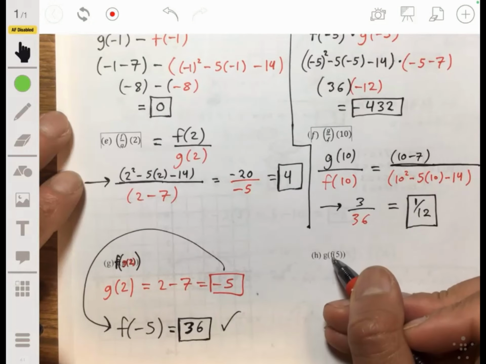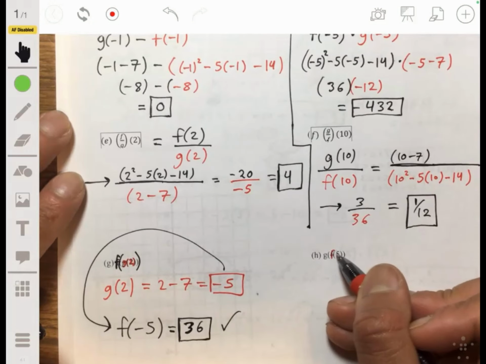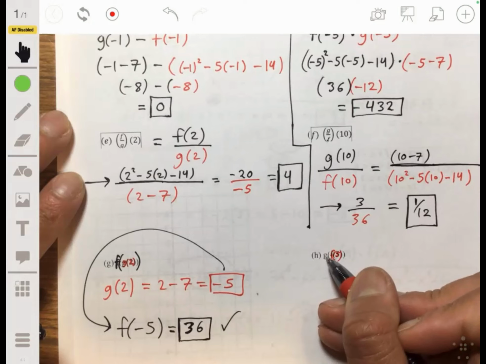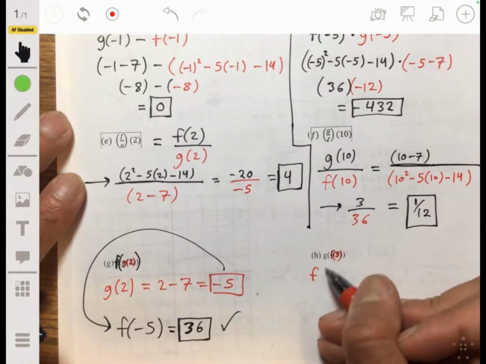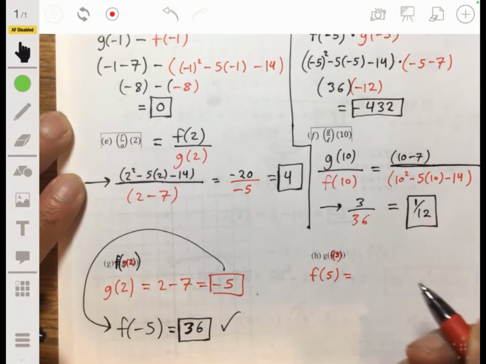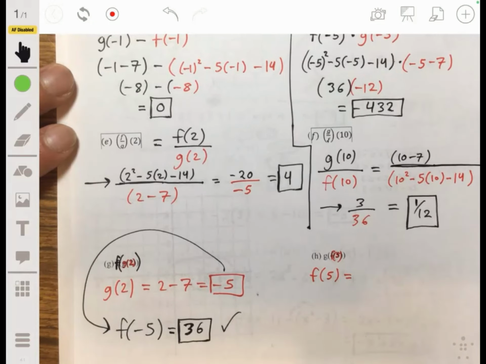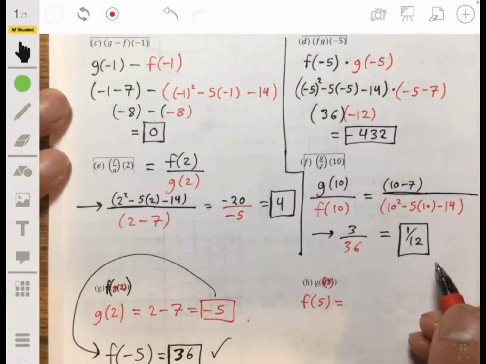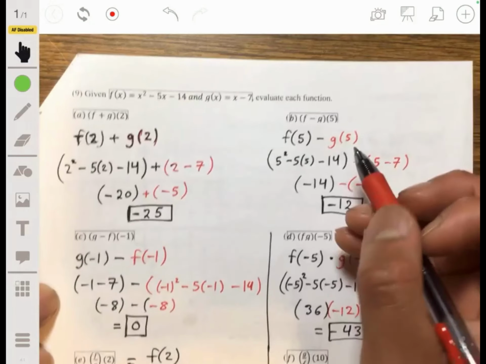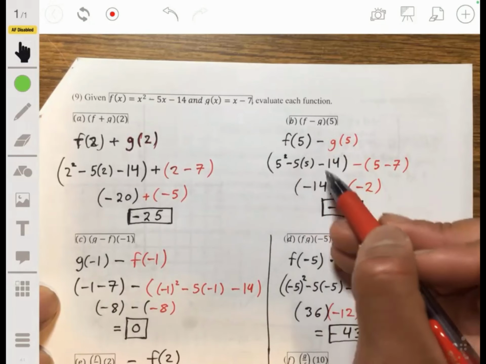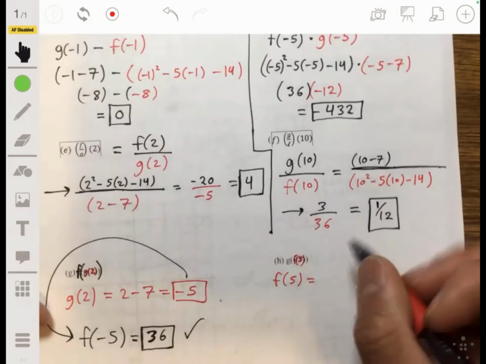All right, inside again. So our inside is f of 5. So we have g of f of 5. Let's first find f of 5, which we actually already found here too. So f of 5 is negative 14.